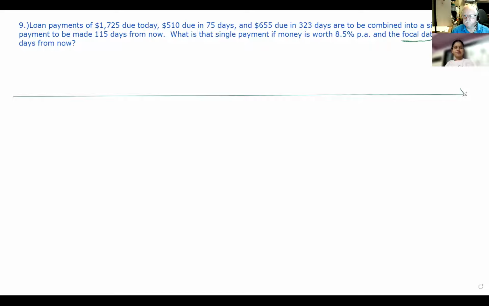And we're looking at the farthest we have to go back is today, because these are all going into the future. So we can start here with today. And we can see someone had to pay $1,725.